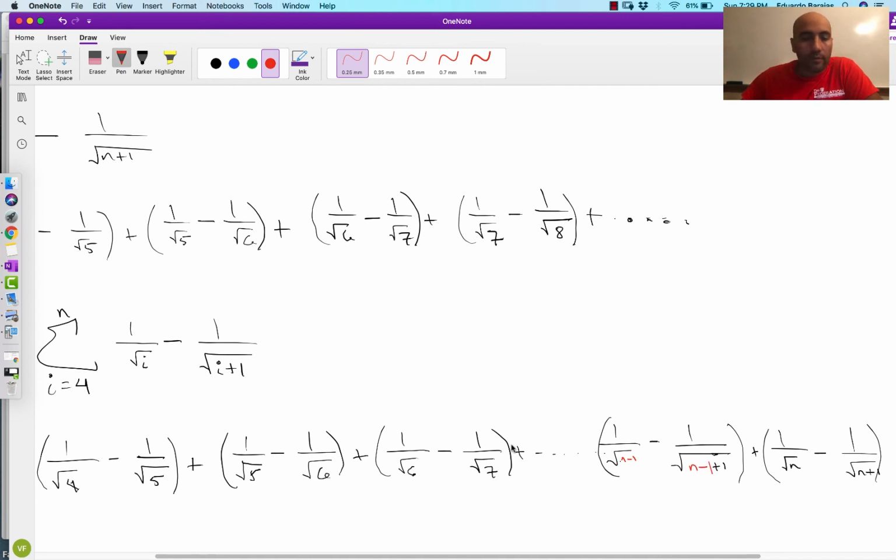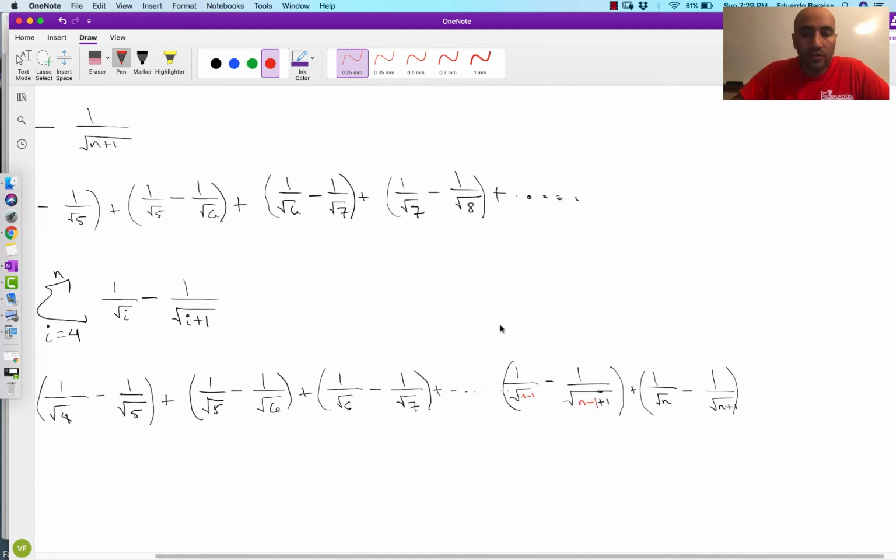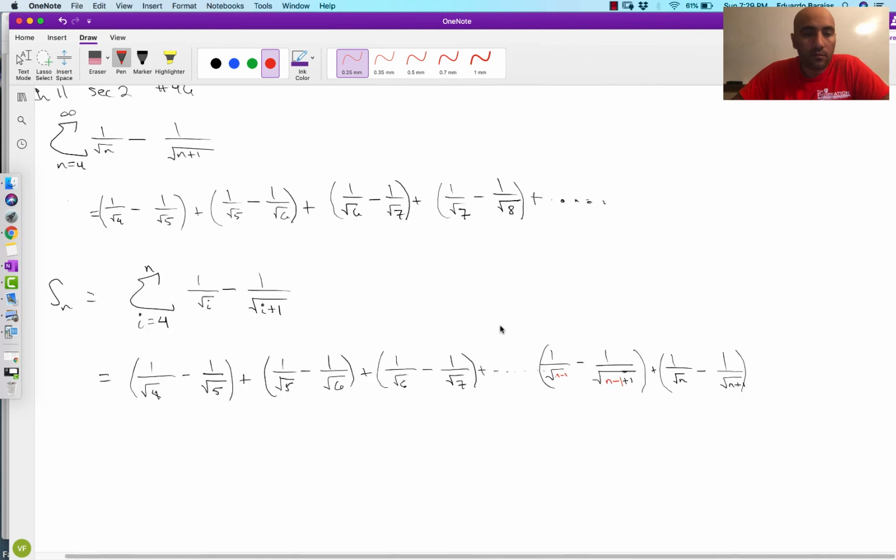Okay, so then here's where the telescoping part of it comes. A bunch of stuff cancels. We're looking at S sub n, the sum of the first n of these, stopping at n. The minus 1 over root 5 plus 1 over root 5, those cancel.